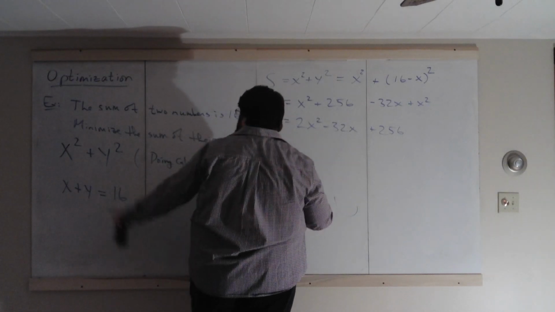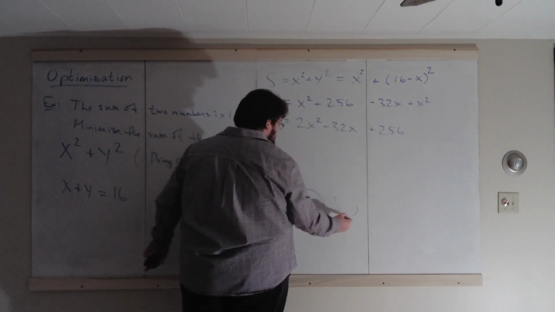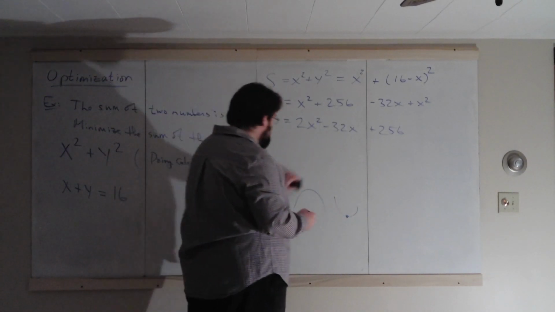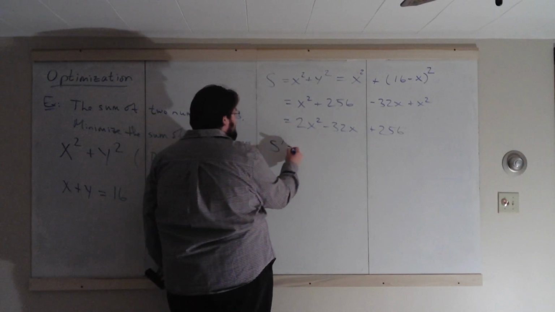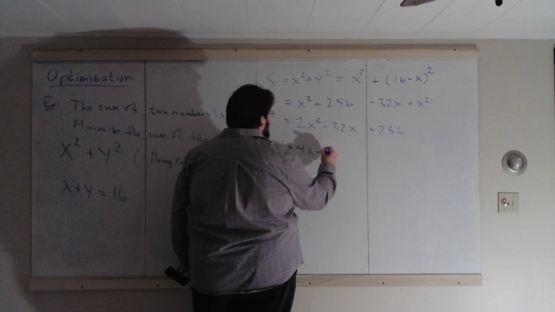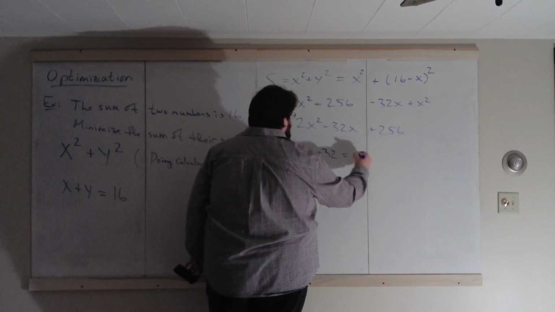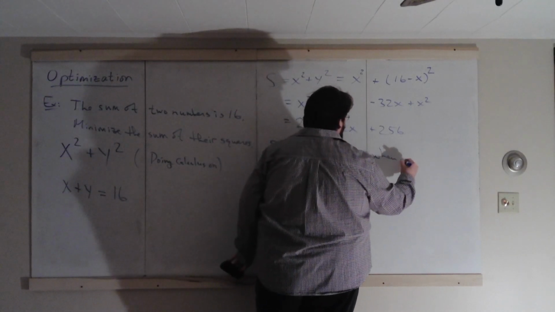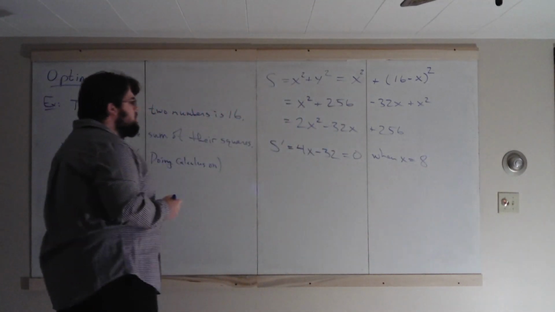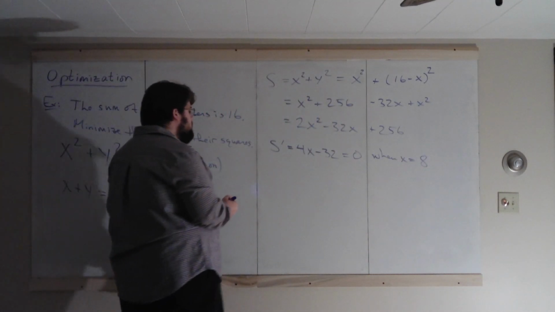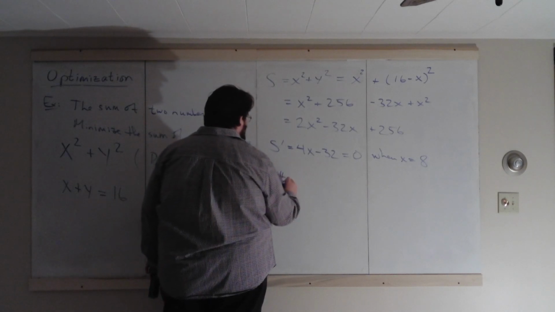Well, okay, now we just need to show a maximum or a minimum. In this case, we're going to be showing minimums. So let's do that. S prime equals 4x minus 32. This equals 0 when x equals 8. Well, we need to show that this gives a minimum. So let's do that with the second derivative.